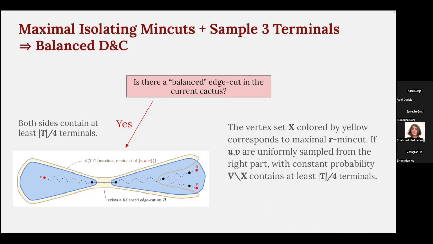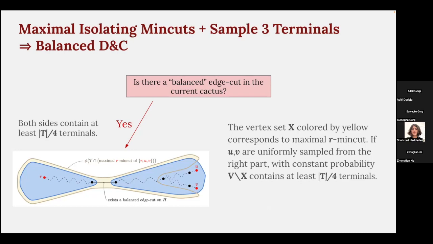So this will be the LCA, the common ancestor of U and V. And the claim is the size of the subtree of this node is at least T/4.